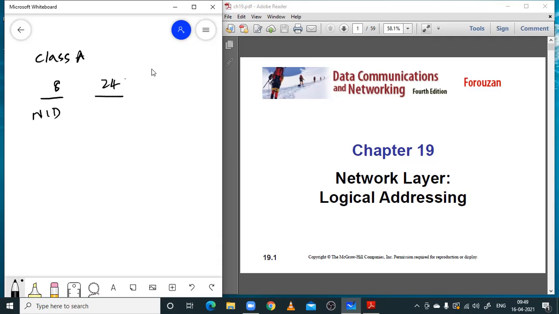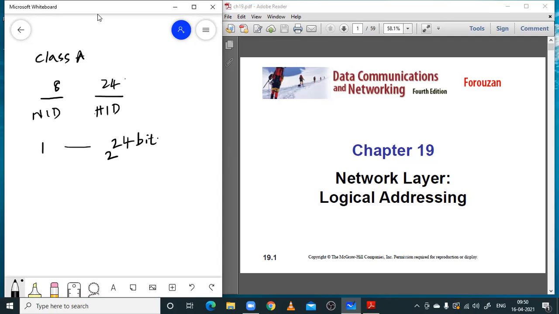This is the network ID, this is the host ID. Let us say this is the first network. Out of this network, 2 power 24 addresses will be allotted.